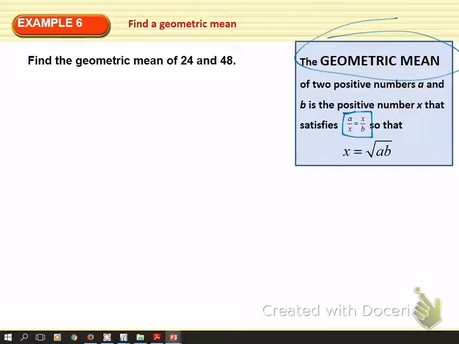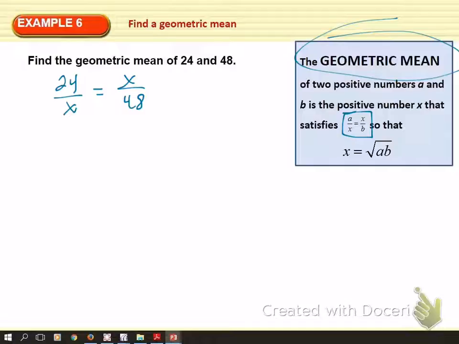Okay? In other words, if I want to find the geometric mean of 24 and 48, then what that means is if I compare 24 to a particular number, and then take that number and compare it to 48, those 2 comparisons would be the same. They would be equal. So we'd be able to set this proportion up, and it's the x that we're looking for.